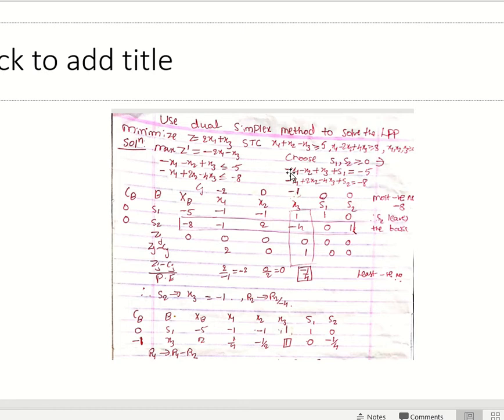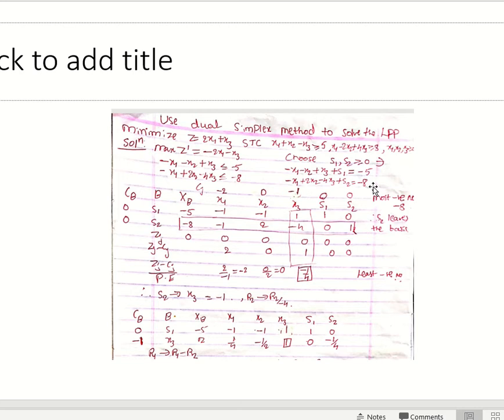That is, minus x1 minus x2 plus x3 plus s1 equal to minus 5, and minus x1 plus 2x2 minus 4x3 plus s2 equal to minus 8.